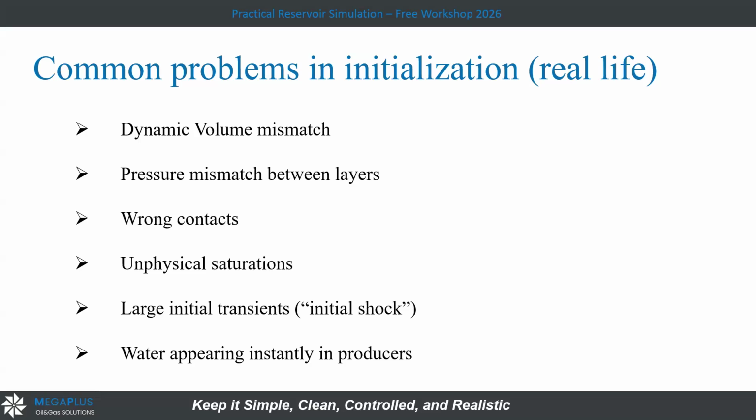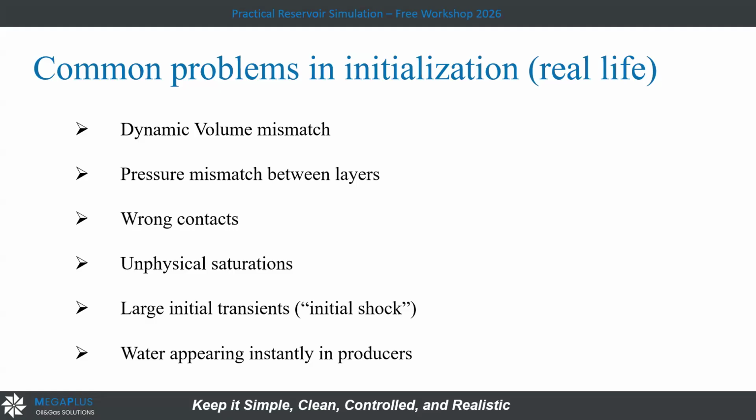If you have an upscale, as I mentioned, with a very big cell, and the contact reaches the half of the cell, the rest of the cell will be water saturated, and beside it maybe you have an LGR or fine cells, so you will have this contradiction. Don't put in wrong contacts, of course.